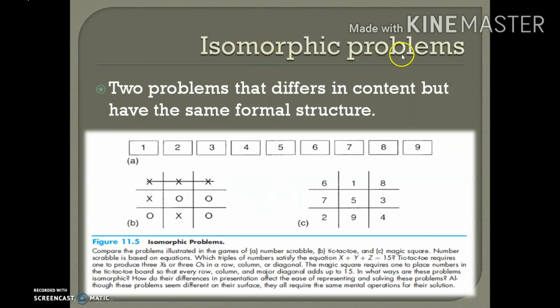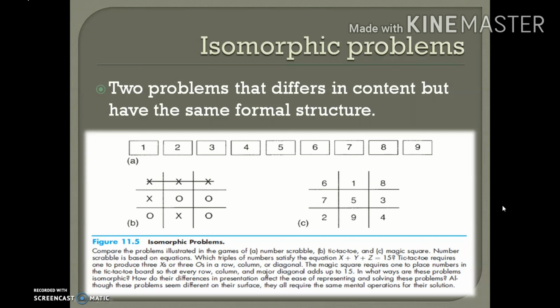So, next we have these isomorphic problems. This is an example of a well-structured problem: two problems that differ in content but have the same formal structure, as you can see. So we have here, compare the problems illustrated in the games of A, number Scrabble, B, tic-tac-toe, and C, magic square. Number Scrabble is based on equations: which triples of numbers satisfy the equation x plus y plus z equals 15.